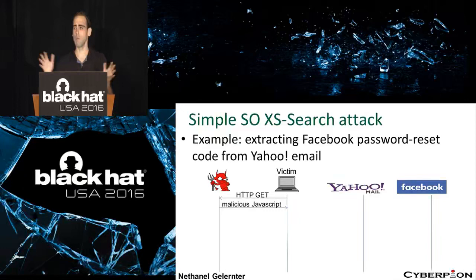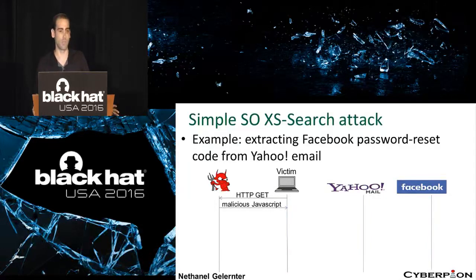And we have another assumption. The attacker knows the Yahoo email address of the victim. The attacker can either launch an attack to get the Yahoo email address, or just launch a targeted attack on someone with a known Yahoo email address. And then the attacker initiates the password reset process in Facebook using the Yahoo email address of the victim.